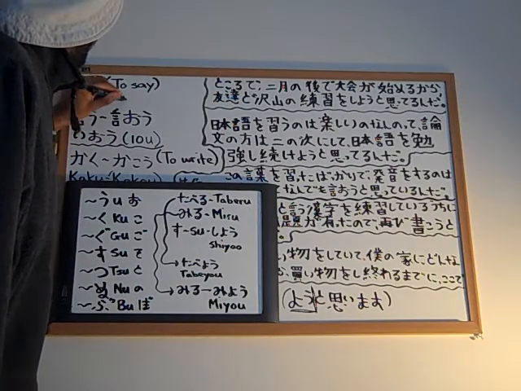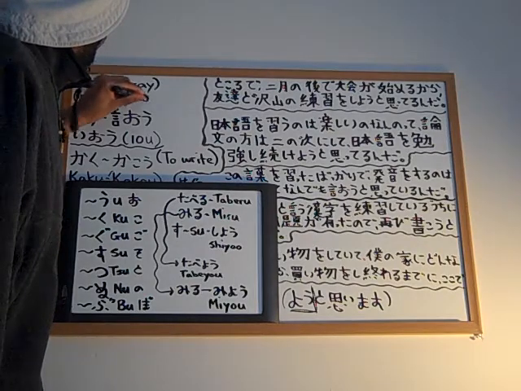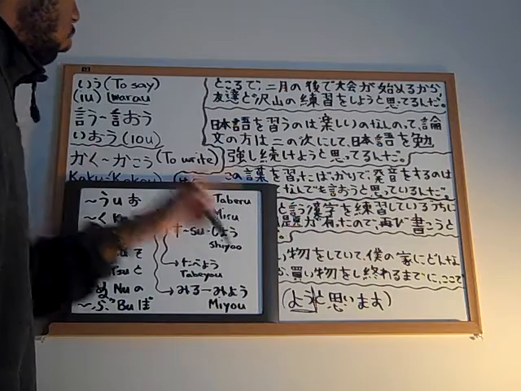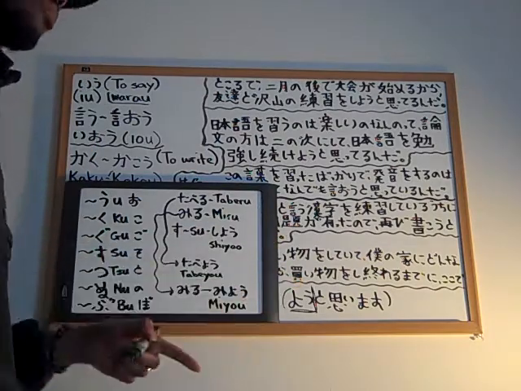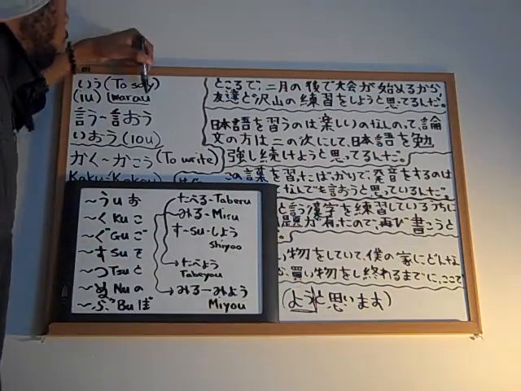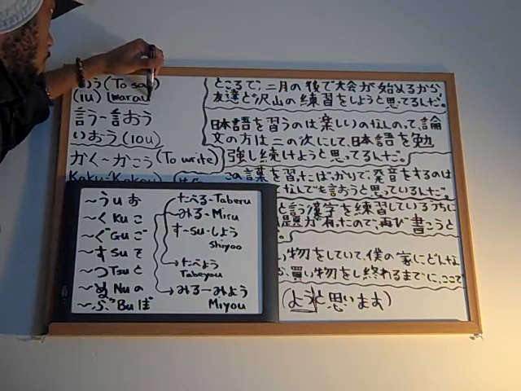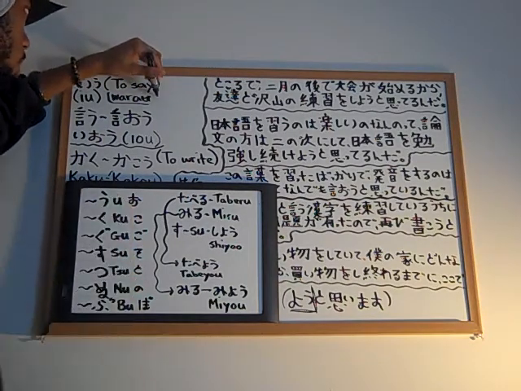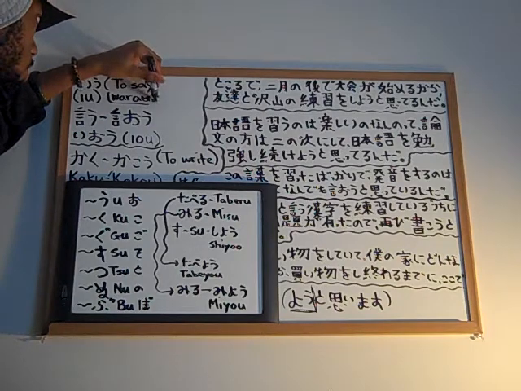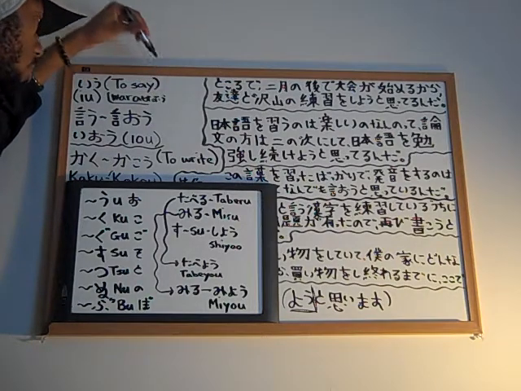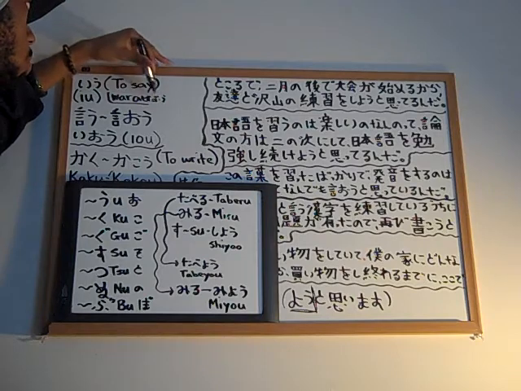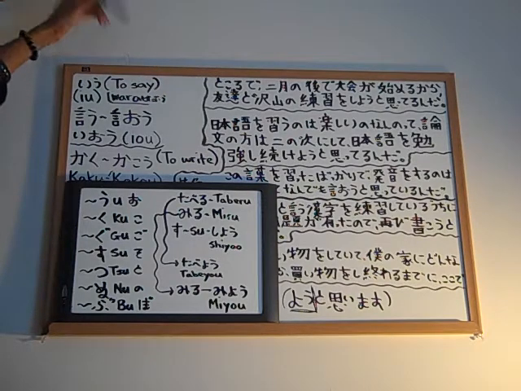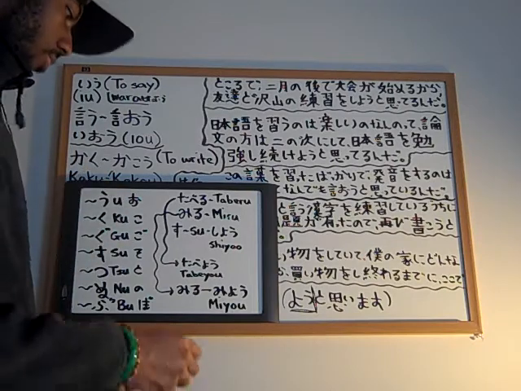This word here, warau, means to laugh. When you want to use this construction, like I'm thinking about laughing, the u here is going to drop off, the u becomes o, and then you're going to keep the u, so it'll be waraou, right? You drop off the u and it becomes o.